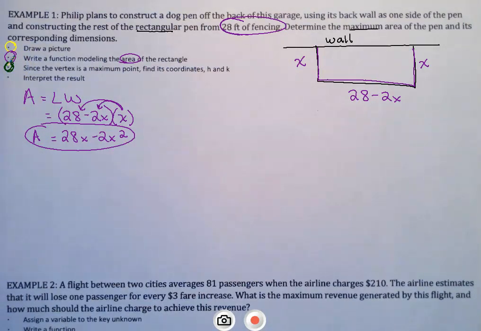Well, isn't this going to be a parabola? No, it's a fence. It is a fence, but since we have this x squared value, it's a quadratic, and a quadratic is a parabola. Remember yesterday we said it should be called a quadrabola instead, because a linear equation makes a line, a quadratic makes a parabola.